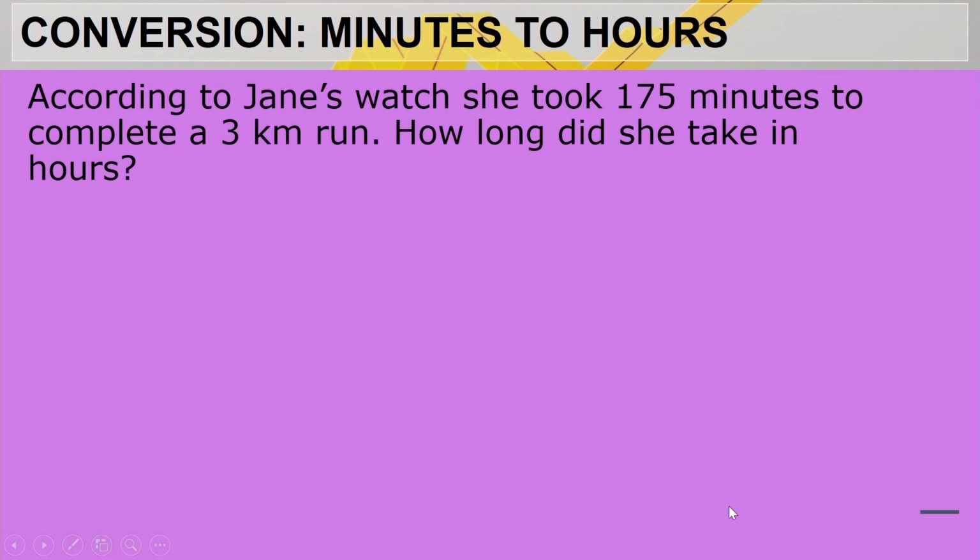According to Jane's watch, she took 175 minutes to complete a 3-kilometer run. How long did she take in hours? So now we need to go from minutes to hours. And we know 60 minutes is 1 hour.